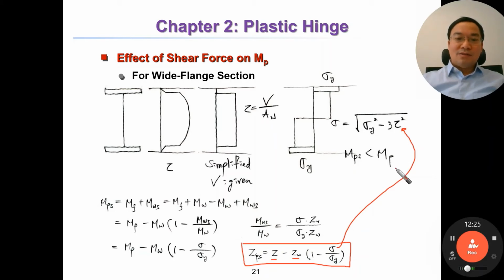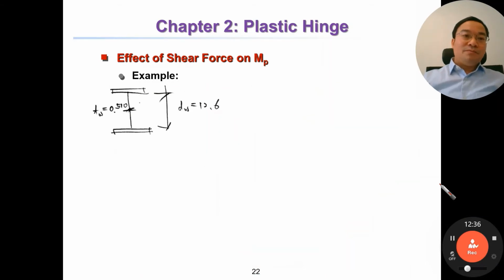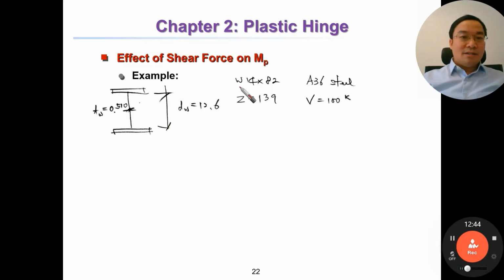Okay, so we can calculate. If we have a section and we have shear force, then we can calculate Zps. For example, let's consider the I section here. The I section is this one. Okay, and with this one we have Z equal to 139.